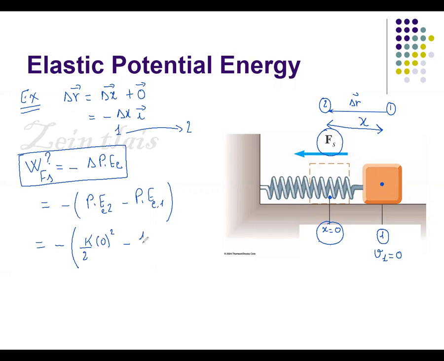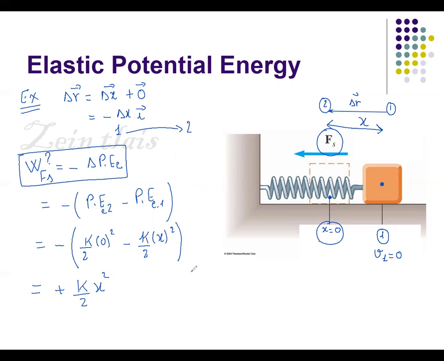So we can write half times k x square. We get finally minus times minus, we have plus k over 2 x square. This is the value of the work of Fs.